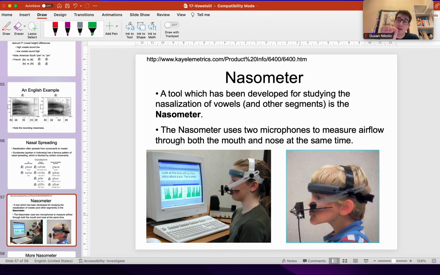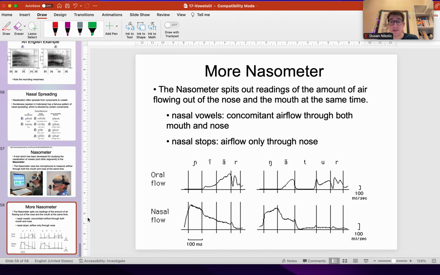They are measuring the air pressure coming out through your nose and mouth at the same time, and there is some kind of display of that air pressure. I think we have one in the lab, but haven't used it, just like a lot of other different gadgets. But it's a neat little piece of equipment that can tell you how nasal something is.